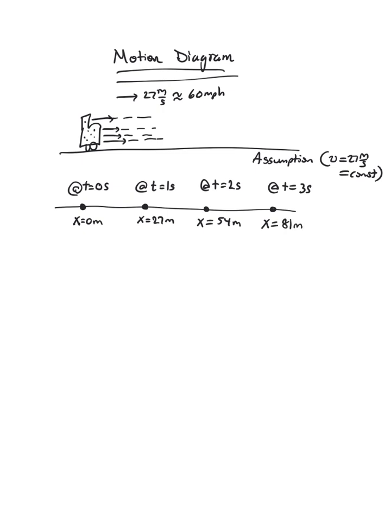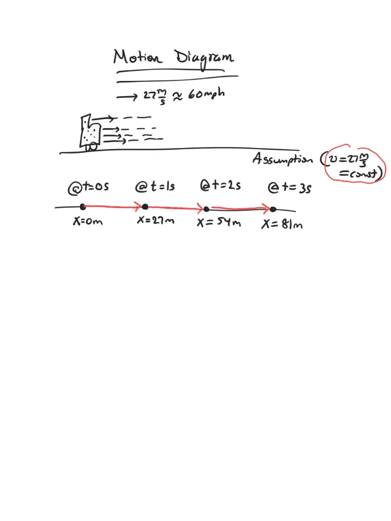And you notice a sequence of dots, and I can go ahead and connect those dots with arrows indicating the direction of motion. You'll notice that the spacing between those dots is constant, which is a reflection of the fact that the velocity of the car is constant.